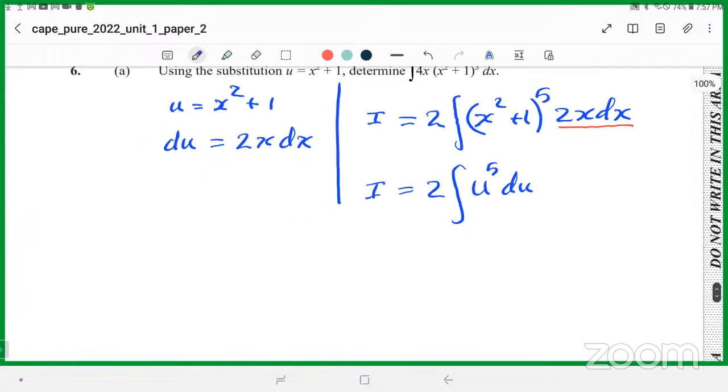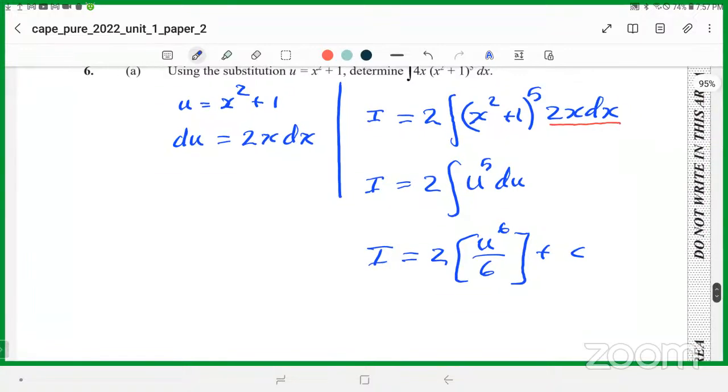So it becomes something simple. I equals 2 times u to the 6th power over 6. Don't forget your plus k, because there are no limits, or plus c. K or c, doesn't matter. And then what you do at the end, for the u is this. You're going to take this x squared plus 1 and substitute back for the u in the answer.